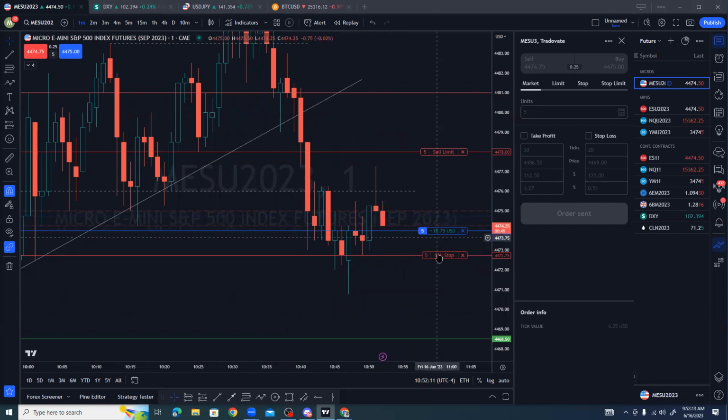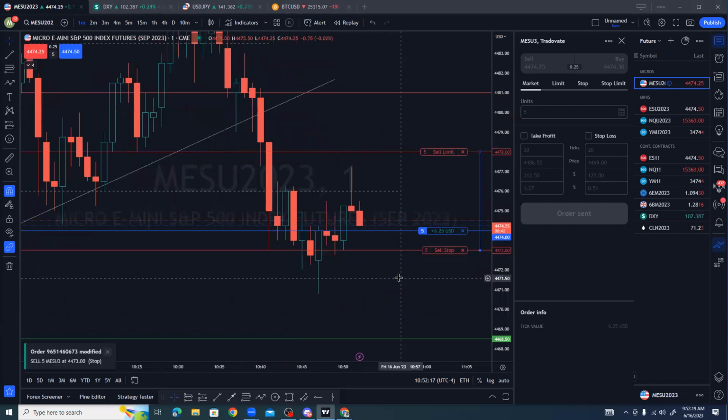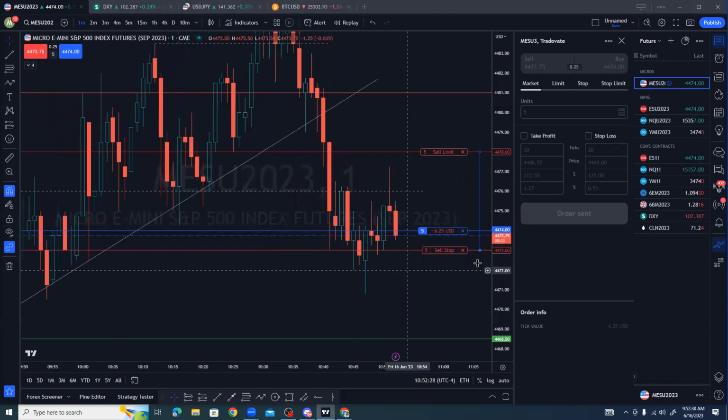This is only going to be a 1-point loss. So 1-point loss is only going to be about $30, $25. Yeah, that sucks. That rejection candle right there is not what you wanted to see on that move.